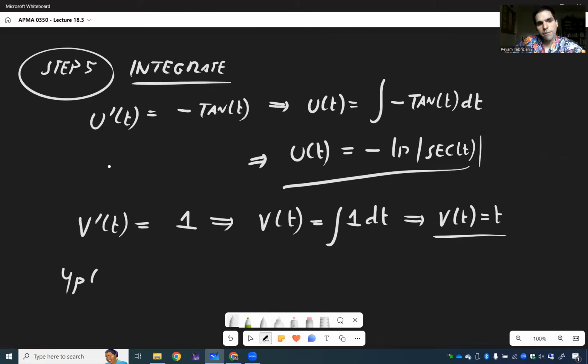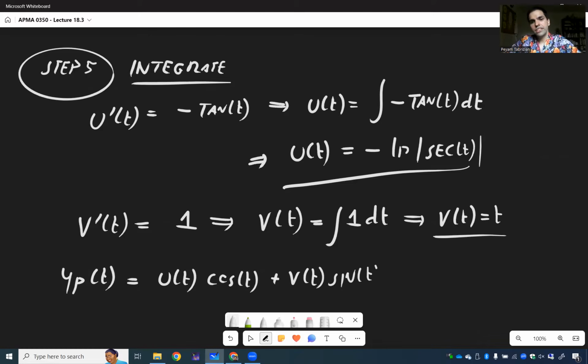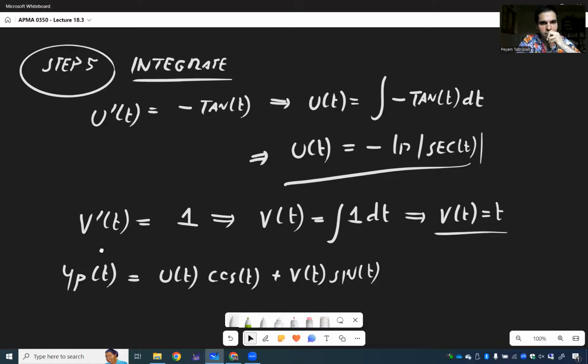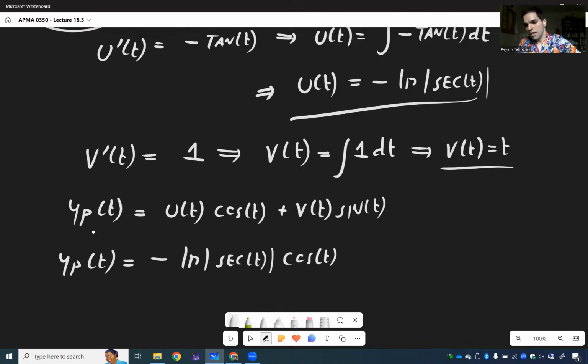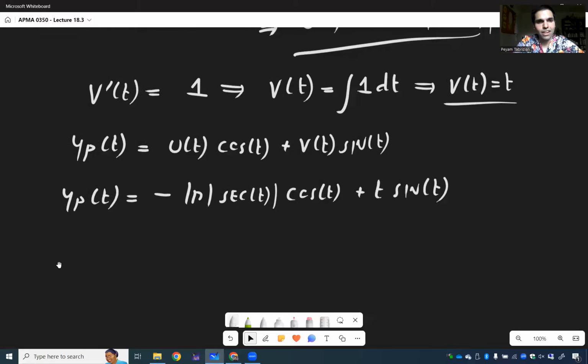So remember, yp of t was u of t cosine of t plus v of t sine of t. And then we finally get our particular solution is minus ln of secant of t times cosine of t plus t sine of t. And last but not least, what is our final answer?